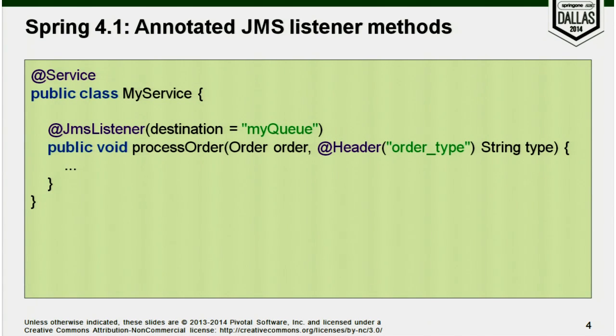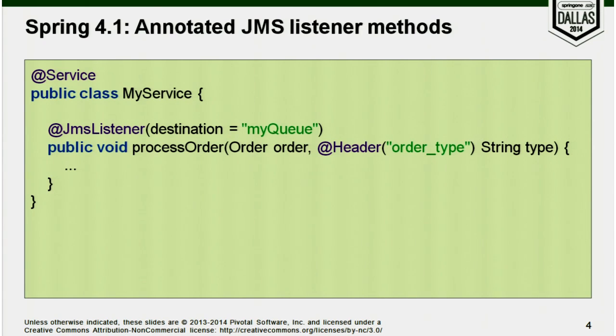All right, so that's basically annotated methods indicating a certain binding to a specific JMS destination, which can flag all sorts of special things at that point. But the interesting part is the method signature. You get what you declare, so it's a very flexible signature. You can ask for a pre-converted payload object to be passed in.